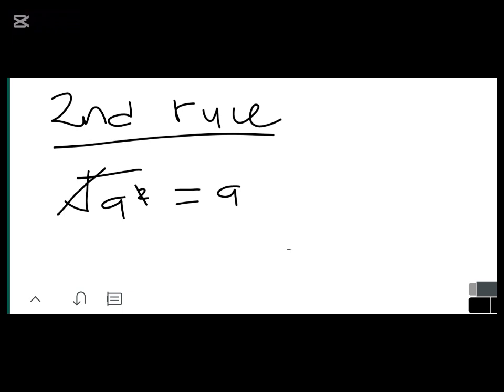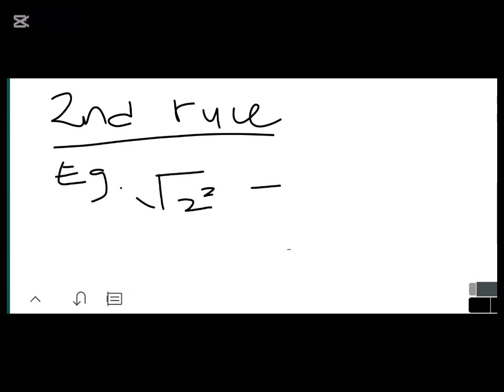Let's take an example. Square root of 2 squared is giving us 2, because the square will cancel the square root out. So square root of 2 squared equals 2. That's the second rule of surds.